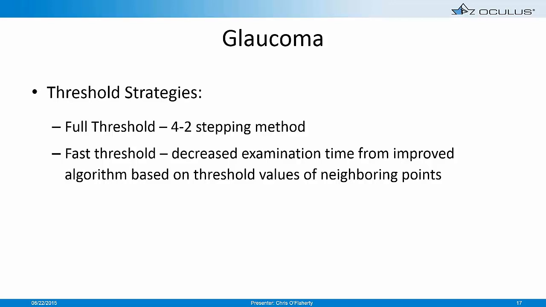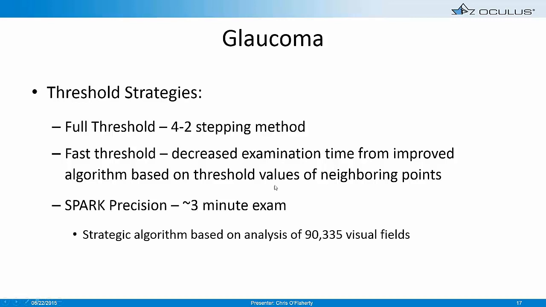Now, the full threshold strategy takes about 7 to 8 minutes, and it has some variability depending on patient response times and visual field defects. The fast threshold, again, has a better algorithm, and this decreases examination time to approximately 5.5 to 6.5 minutes.